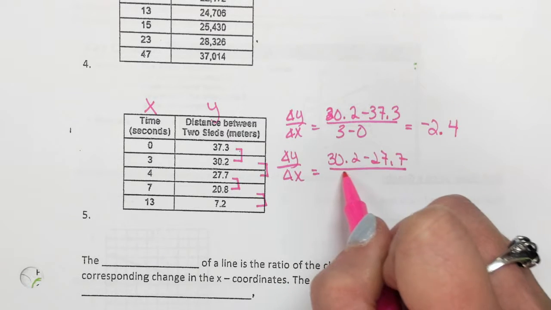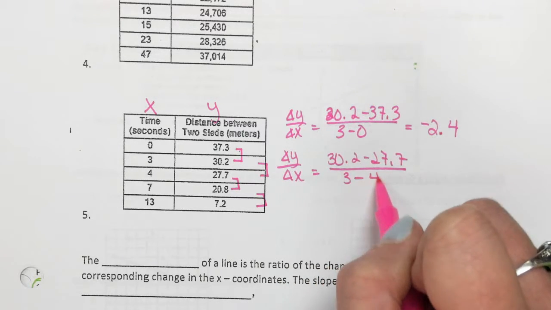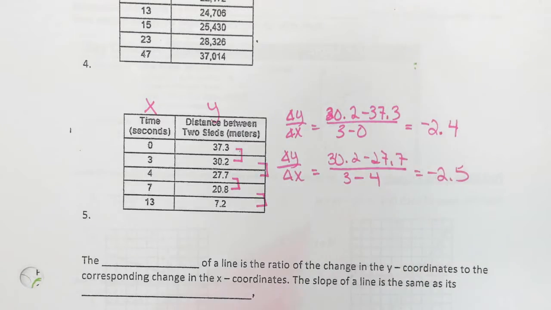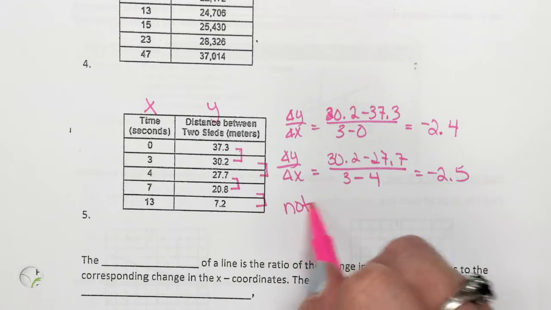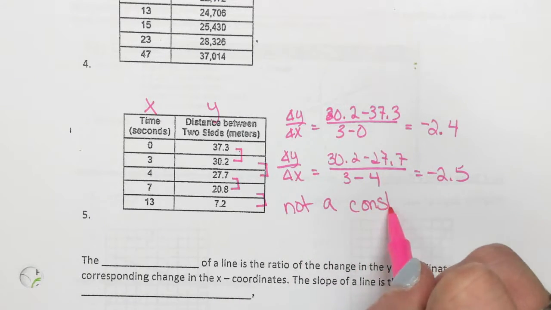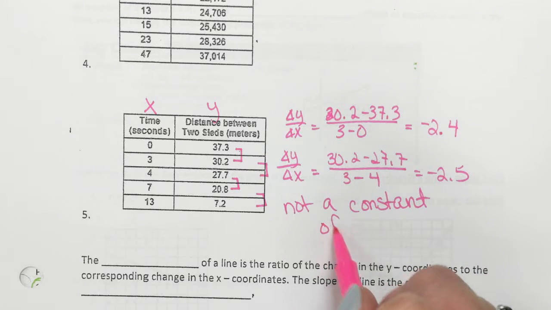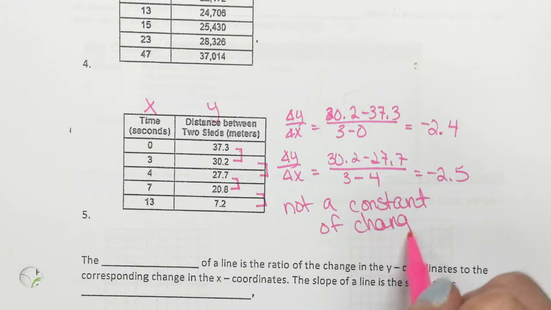Negative 2.5. Negative 2.5? Do you even need to take it any further? No. Is it a constant rate of change? No. So this is not a constant rate of change. Do you have the hang of this? Yes or no? Yeah. Okay. All right, here we go.